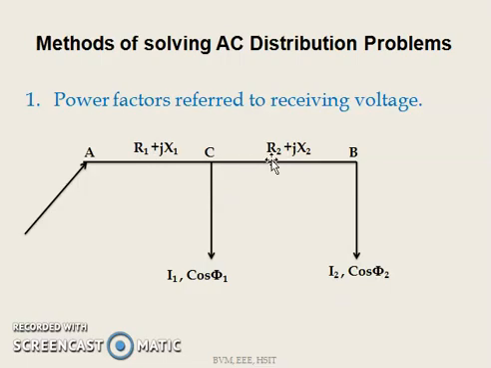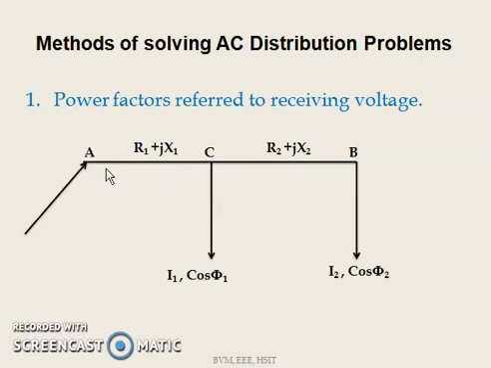When I2 flows through R2, there will be a voltage drop in phase with I2, and a voltage drop across the inductive reactance, I2X2, which leads I2 by an angle of 90 degrees. When you add these, you will get VC. And when you add VC with the drop VAC, you will get VA.